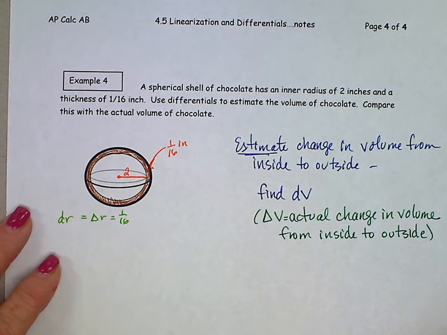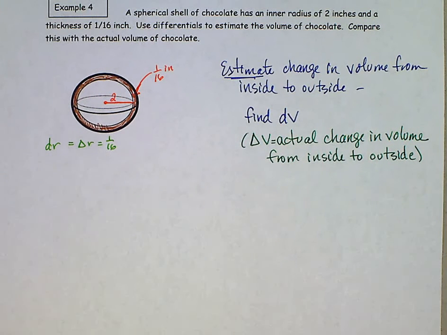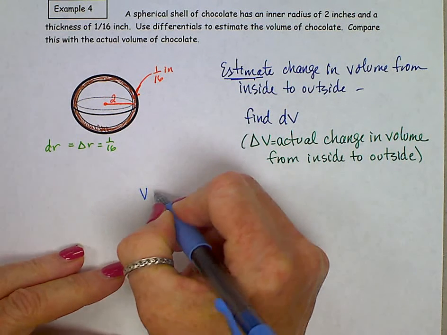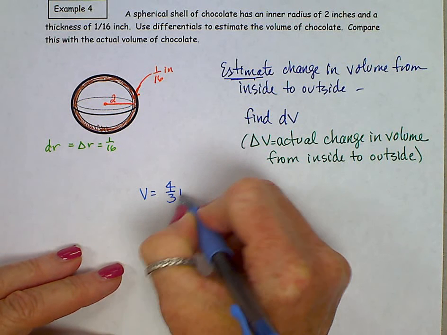Alright, so we need to know the volume of a sphere, and the volume of a sphere is 4/3 pi r cubed.